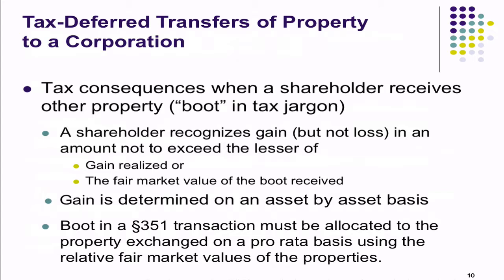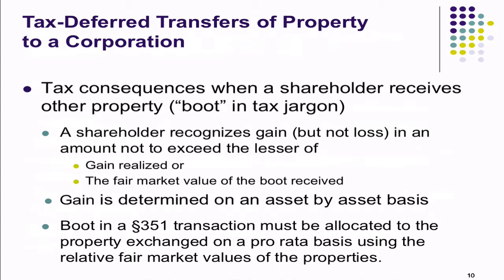So I got stock equal to the fair market value of the land, and I got $1,000 back. Well, that $1,000 is boot. And so the service would look at it and say, okay, what's the lesser of gain realized or fair market value of property? Well, there was no fair market value of property, so the gain realized is $1,000. So I would have to show income of $1,000 in addition to the stock.